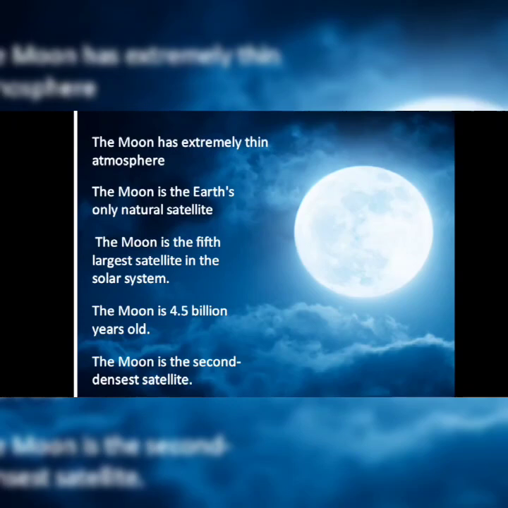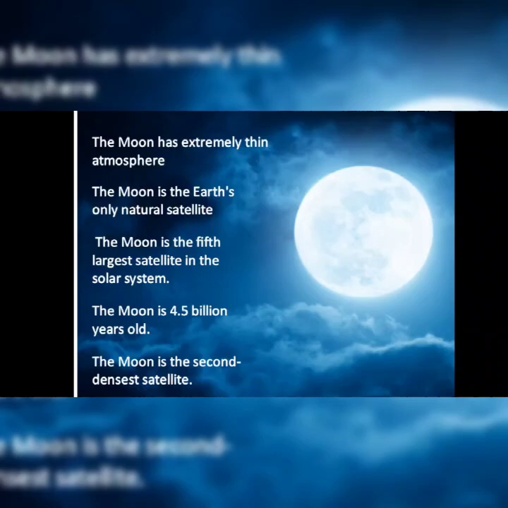The first one, the moon has an extremely thin atmosphere. The second sentence, the moon is the Earth's only natural satellite, and most of the students have written the same. Congratulations, very good answer. The third, the moon is the 5th largest satellite in the solar system.